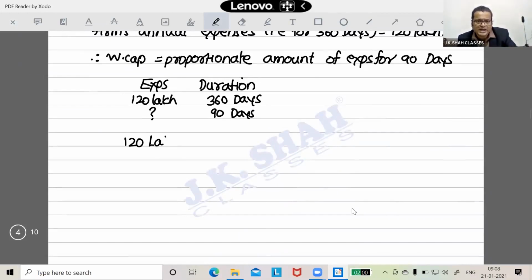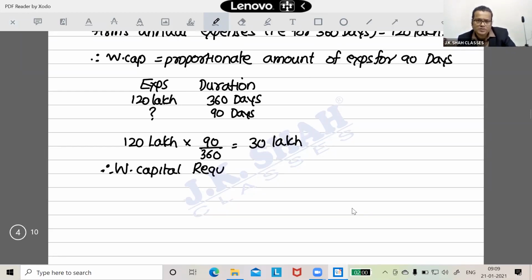So 120 lakh into 90 upon 360. So it will be 30 lakh. Therefore, working capital requirement is equal to 30 lakh.